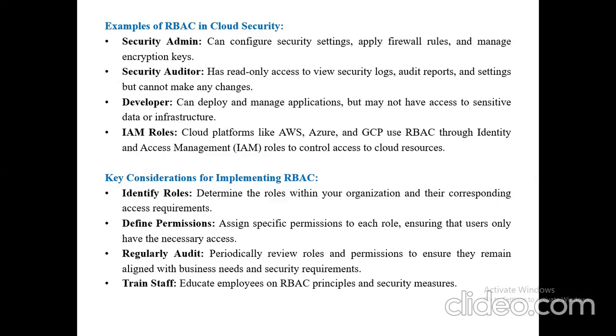Then the developer can deploy and manage applications but may not have access to sensitive data or infrastructure. Then IAM roles: cloud platforms like AWS, Azure, and GCP implement RBAC through identity and access management roles to control access to cloud resources.